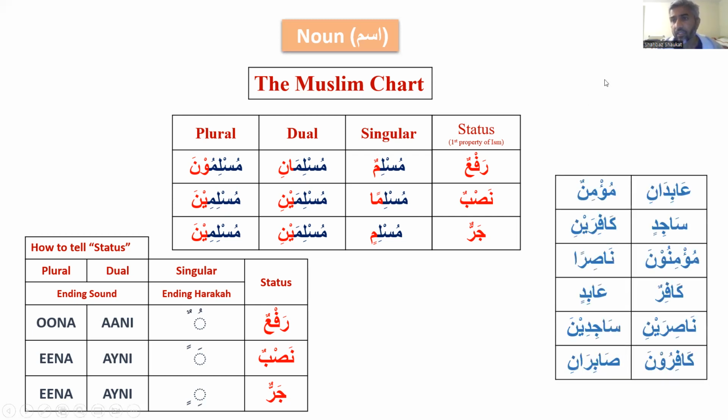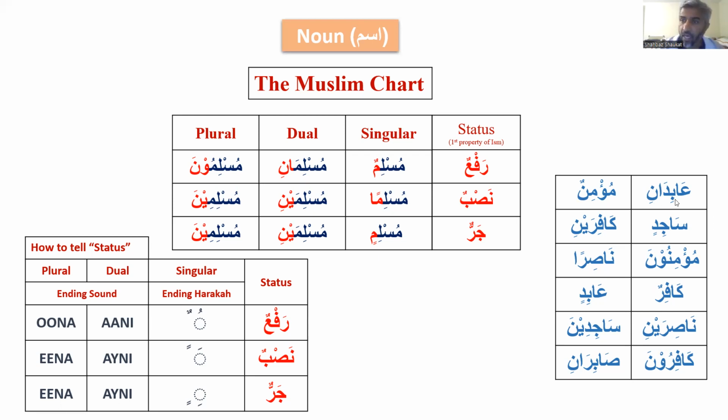Okay. Then we use some examples to identify which one is Rafa, which one is Nasab, which one is Jar. So you see a 2-column table here. And I'm going to take names. Whoever's name is called, unmute yourself and tell me the status of that word. Okay.